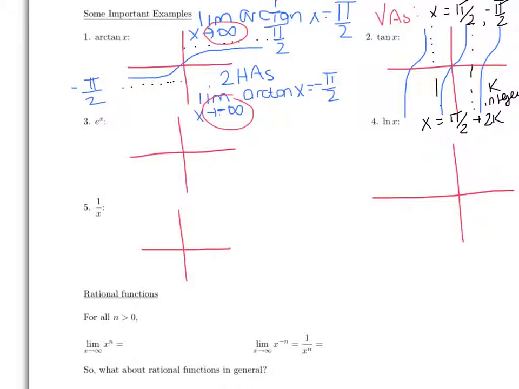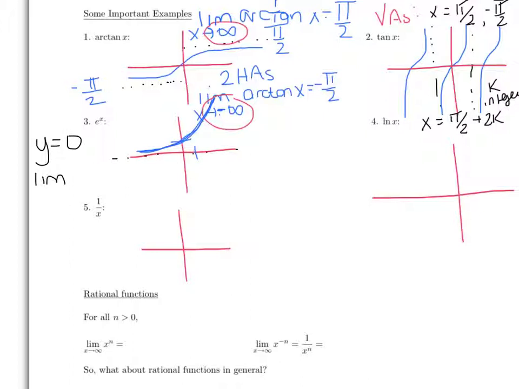Now we look at something like e to the x, which goes through this point here. So it's something like this, I believe. So I'm going to draw that graph like something like this. And so this is something that has, again, a horizontal asymptote, and for horizontal, these lines right here, this is at y equals 0.